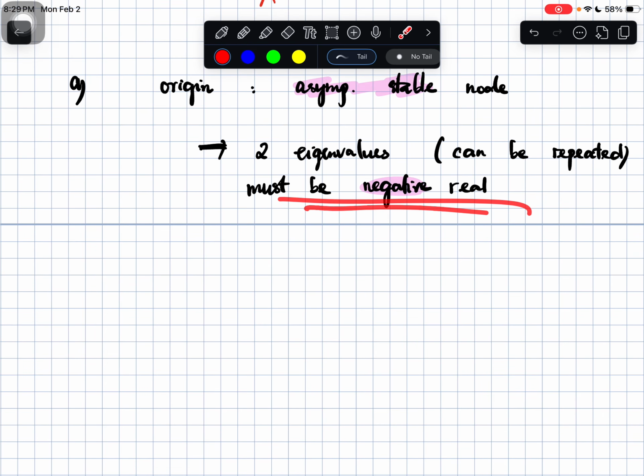And now we try to find the eigenvalues, and we find the condition when the eigenvalues are negative real.